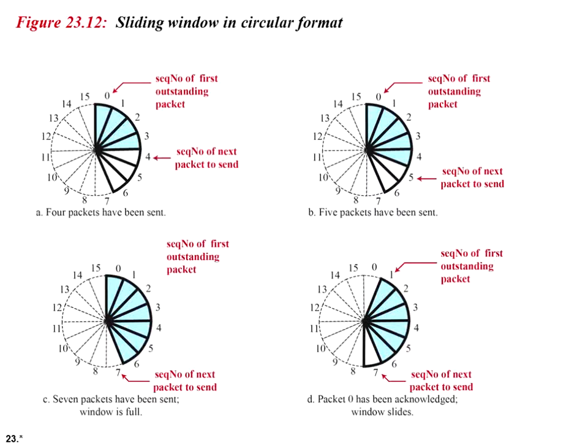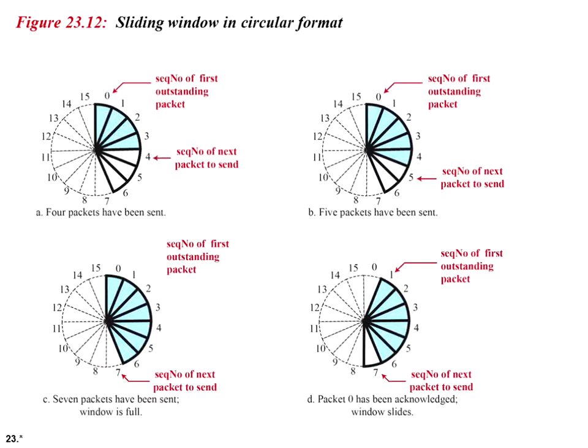Now at the sender side, when a packet is sent, the corresponding slice is marked. When all the slices are marked, it means that the buffer is full and no further messages can be accepted from the application layer.